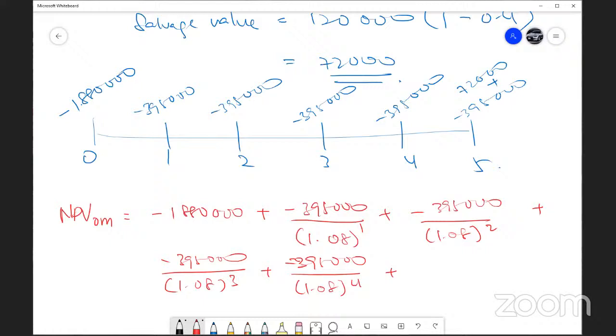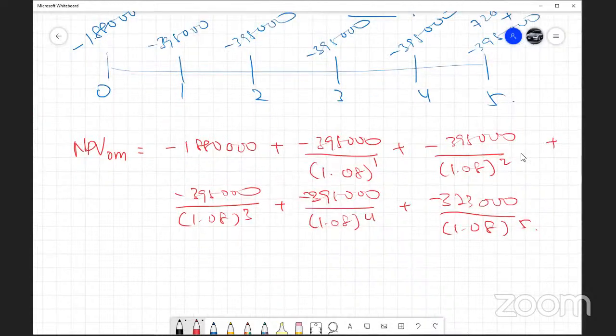The last one, add up together. Okay, so this is positive, this is negative, so it becomes negative 323,000 divided by 1.08 power of 5. Count this one by one, add up together, you will get your NPV.